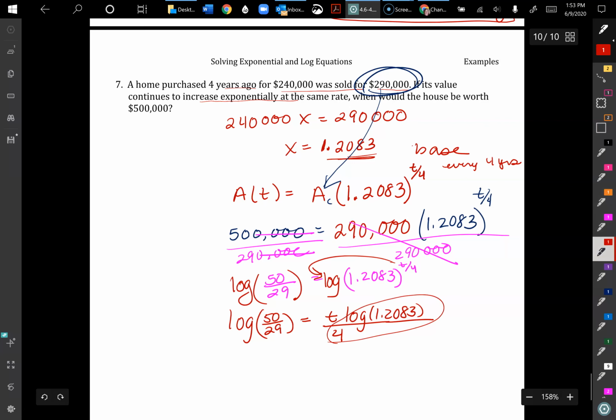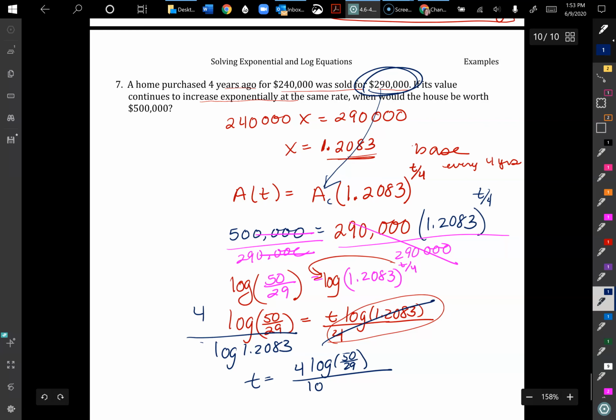Okay, so almost there. I just need to multiply both sides by the reciprocal of this. So I'm going to multiply by 4 over log 1.2083 on both sides. So then I'm going to have T equals 4 log 50 over 29 over log 1.2083, and then calculate that out.